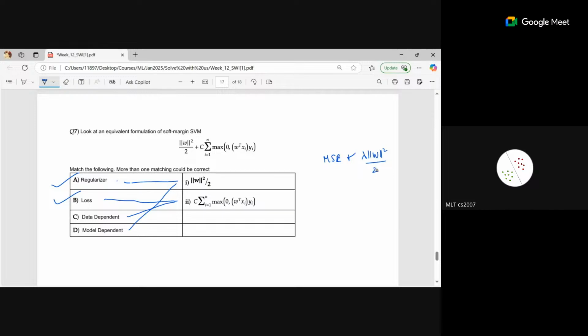As you keep increasing lambda, it puts a higher penalty on some of the weights and tries to bring them down, not exactly to zero, but pulls them down, so that redundant features can be ignored. Okay, got it.